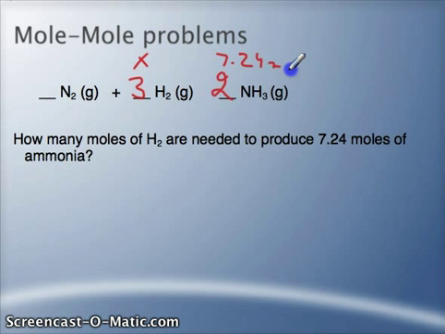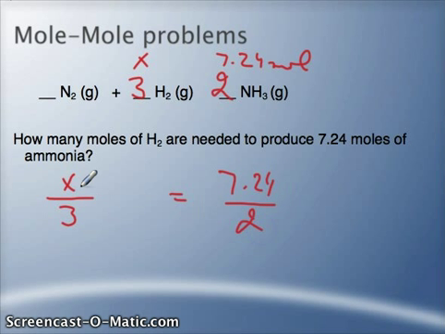7.24 moles. Again, if the number that's given to you and the number that you're looking for is in moles, it sets up the ratio for you right there. So X over 3 equals 7.24 over 2. Again, let's put the units on there. Moles of H2, moles of H2. Here we're talking about moles of ammonia, moles of ammonia.